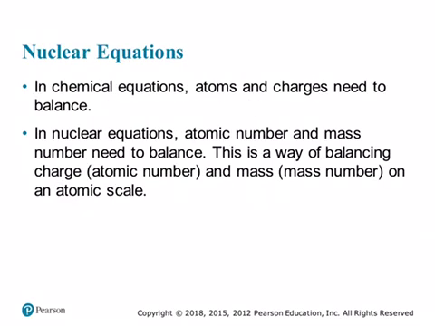You know that when we look at a chemical equation, the number of atoms on both sides of the equation need to be balanced. In nuclear equations, the atomic number and mass number need to balance. So we balance the atomic number and we balance the mass number. When you release a nuclear particle, the atomic number or the mass number may change depending on the nuclear particle that is released.